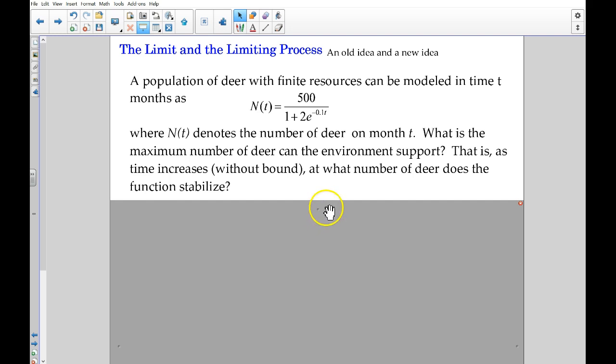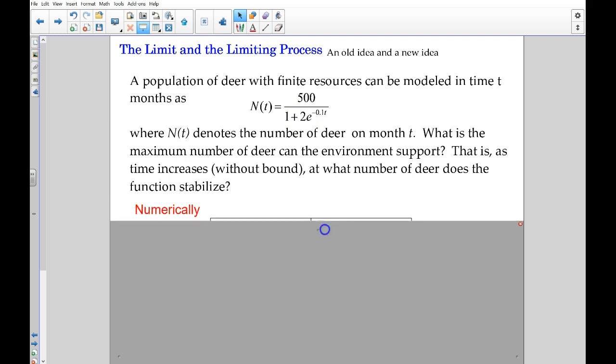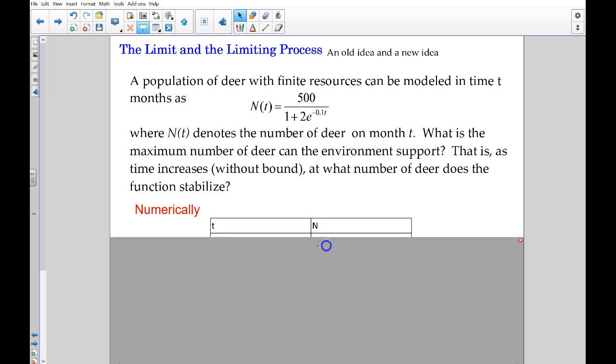The first way that we can tackle a problem like this is, we're given a function, so we can generate a table of values. So there's a numeric approach. I could make a table that contains the variable t, the number of months, and n, I'm using n instead of n of t, to denote the number of deer.